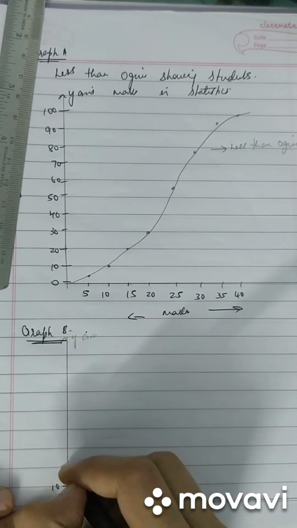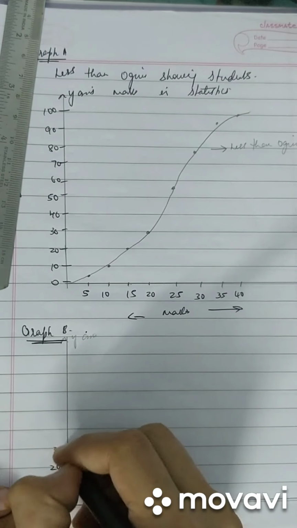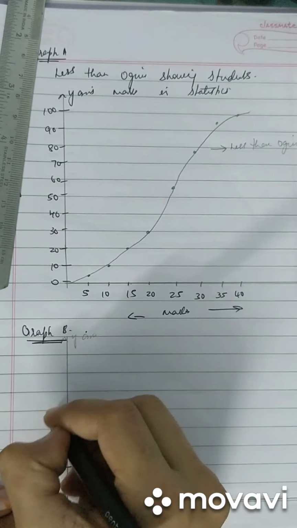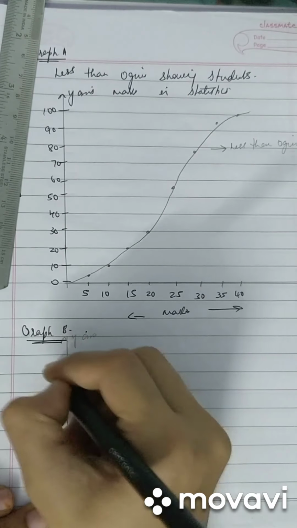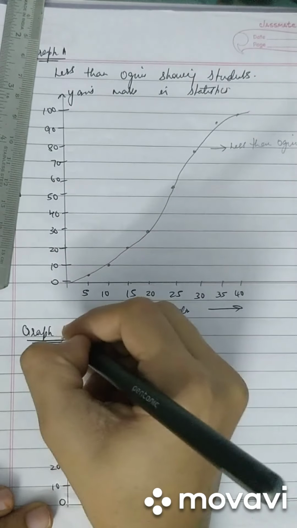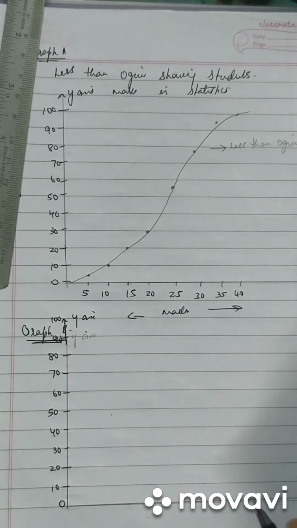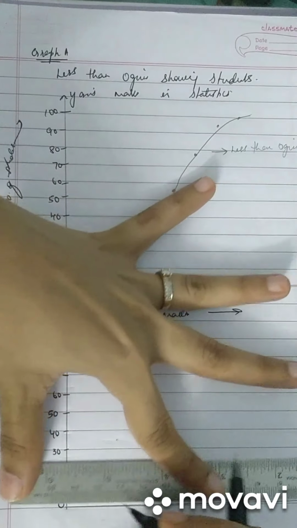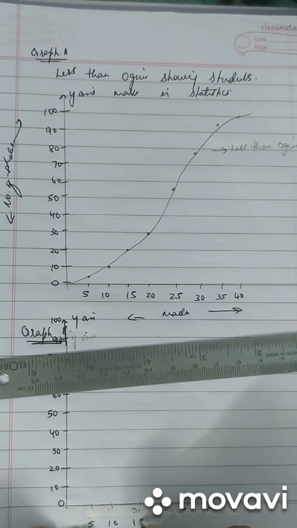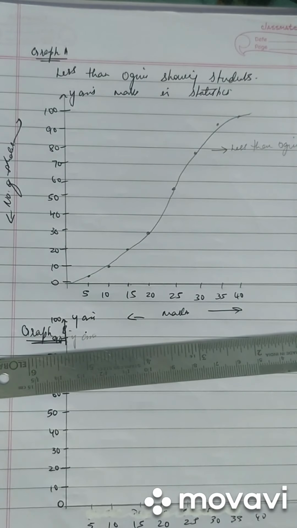So it is 10, 20, 30, 40, 50, 60, 70, 80, 90 and 100. I didn't have space, so I have written here. You please do not write it that way. So we have 5, 10, 15, 20, 25, 30, 35 and 40.